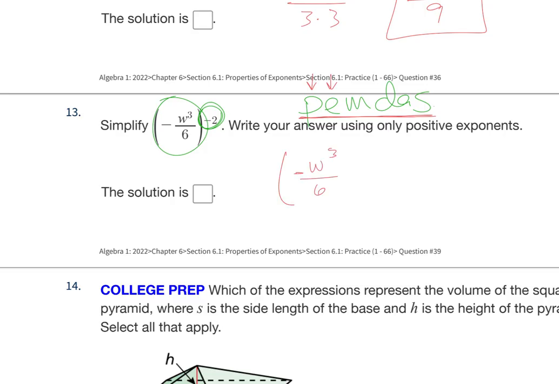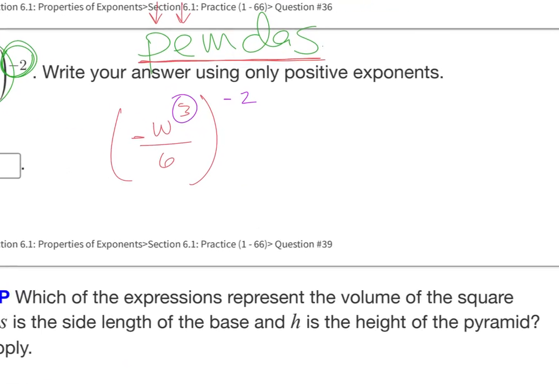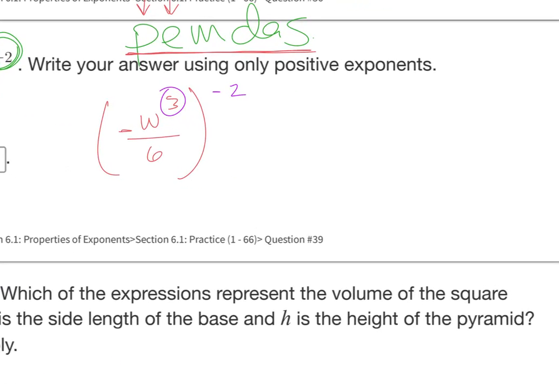What about this inside of the parentheses can you do? Nothing. And can you do anything with that parenthesis right there? No. But you have the option of doing a couple different things with this exponent, this purple one. Let me show you what I like to do first, and then what I don't like to do. What I like to do first is this.